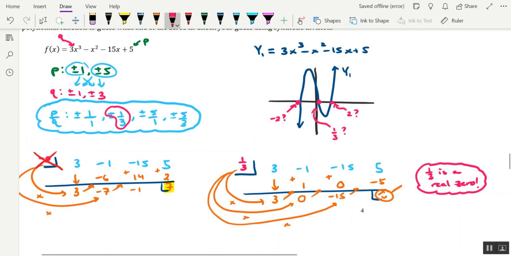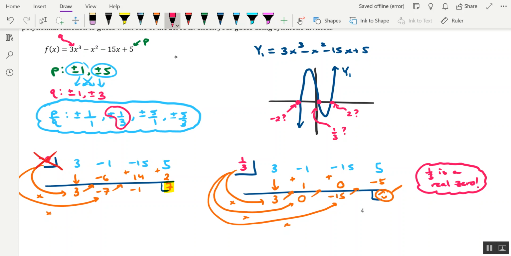Alright, so to recap, first make your list of potential rational zeros, graph your function, try to eyeball where the x-intercepts are, and maybe cross-reference where you think the graph is crossing at, or touching, with your list for P over Q. Like we saw with negative 2 and positive 2, we probably shouldn't even have bothered with synthetic division with those two numbers because they don't show up in this list for P over Q. But when we looked at the intercept between 0 and 1, a good guess for a fraction should come from our list.